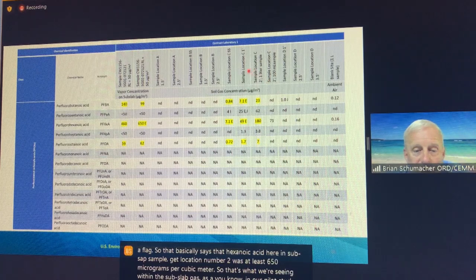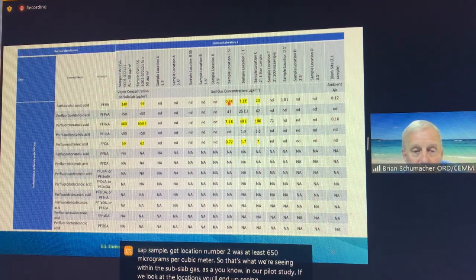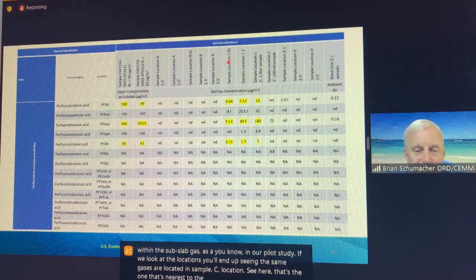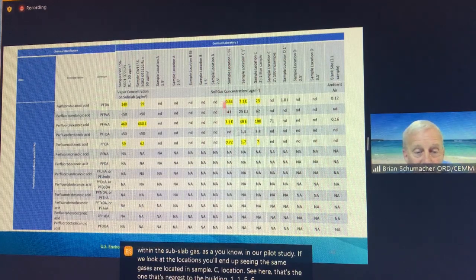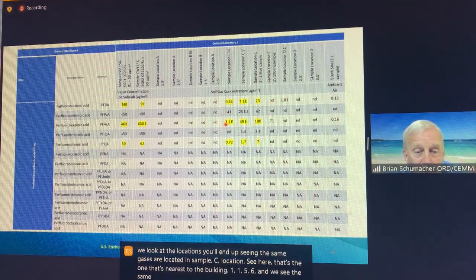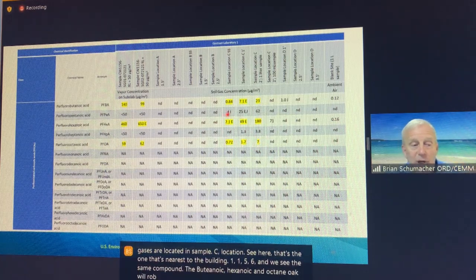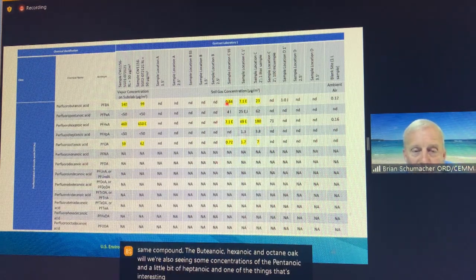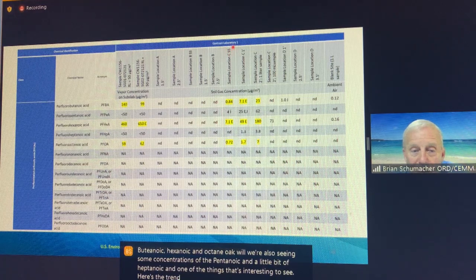If we look at the locations, you'll see the same gases at sample location C, the one nearest to building 1156. We see the same compounds, the butanoic, hexanoic, and octanoic, but we're also seeing some concentrations of the pentanoic and a little bit of heptanoic. One of the things that's interesting here is the trend. Here we have the subslab, that's SS.